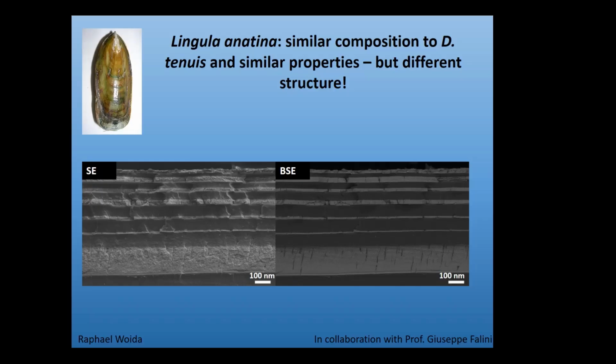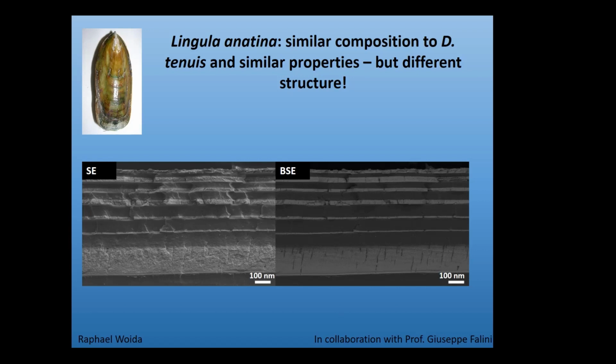And I'll just quickly show what we're doing on Lingula. So we're doing similar work on Lingula natina, which is another species of phosphatic brachiopod. It has very similar composition. So shells made of calcium phosphate, 65% mineral, 35% organic. It also has the same response to water, to hydration.